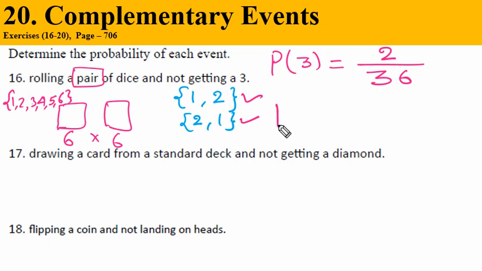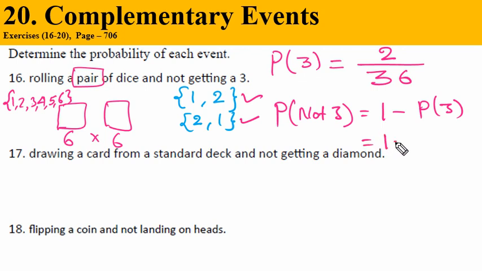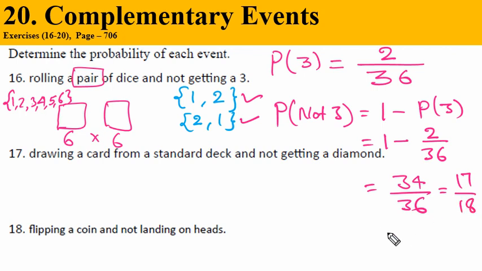Now the probability of not getting 3 is what? 1 minus the probability of getting 3, which is 1 minus 2 over 36, and that gives you 34 over 36, right? If you simplify this, you will get 17 over 18, and in decimal you will get 0.94.